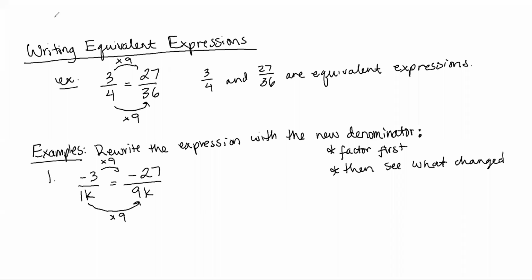Let's go ahead and try another one. This next one, we're given 7k over 5, and we want to write it with a new denominator of 30k. Again, because we can't factor with this one, we only have single terms, the first thing is to see what changed. We went from a 5 to a 30. How do we get from 5 to 30?